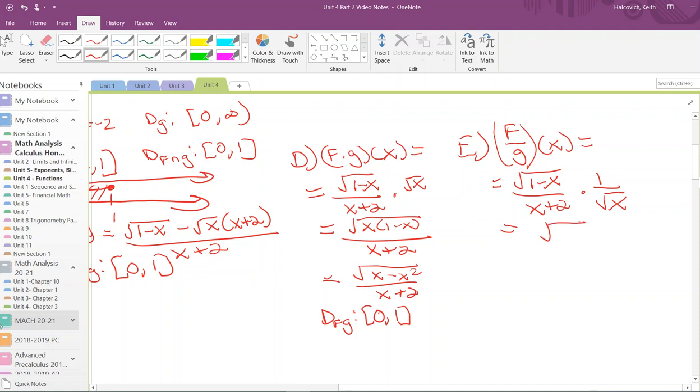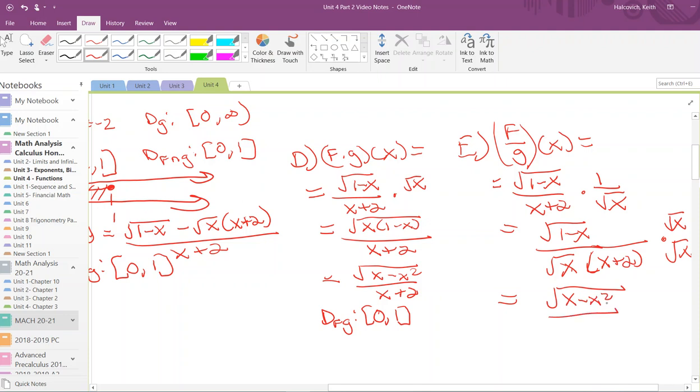So notice you get the square root of 1 minus x over the square root of x times x plus 2. So to rationalize the denominator, you have to multiply by the square root of x. And you get the square root of x minus x squared, because you can multiply these underneath the radical. And then here you get x times x plus 2.